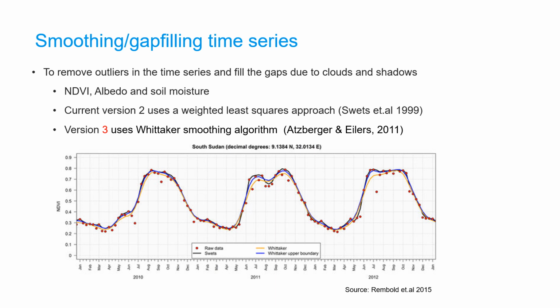In the current version 2 of WaPOR, a weighted least square approach is applied to smooth the time series. In version 3, a new approach is implemented, which is called the Whittaker smoothing algorithm. The figure here shows the comparison between both approaches applied over a pixel in South Sudan and to the NDVI time series.